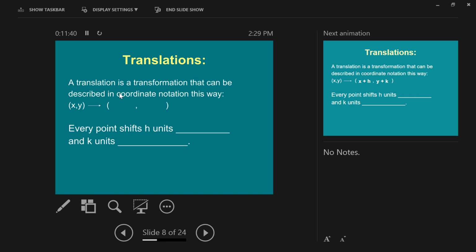So if I add 3, I'm moving to the right. If I subtract 7, moving to the left. Y can move up and down, so whatever number they put in there is telling you to move something up or down. Okay, and we'll just use H and K to denote that, but it could be any number, like I was just saying, plus 3, minus 7, plus 12, minus 6.